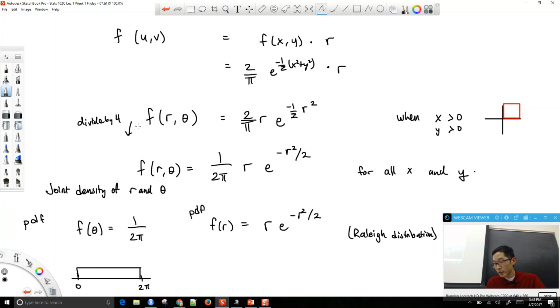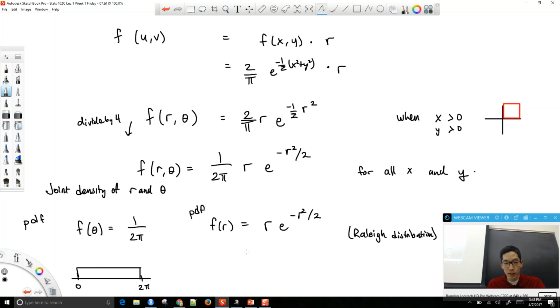Okay, and all right. So this thing, if we try to work this into a uniform distribution, we actually can do this.